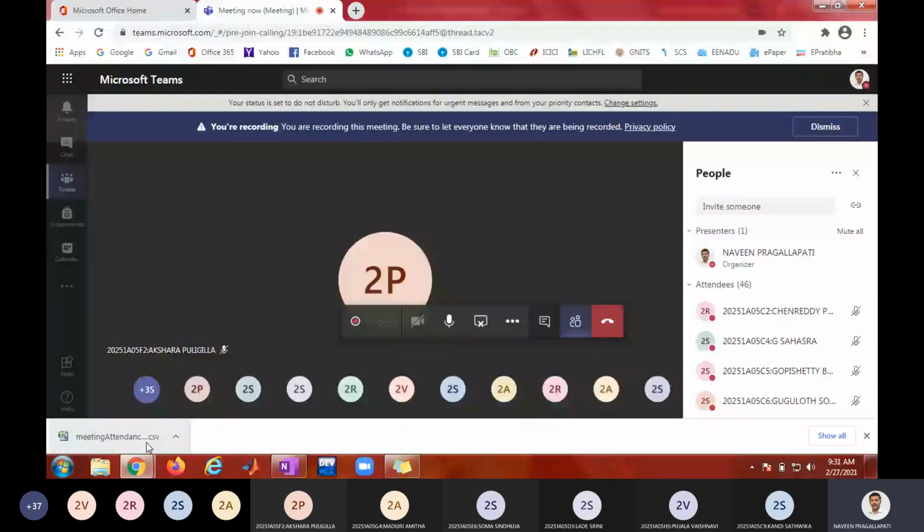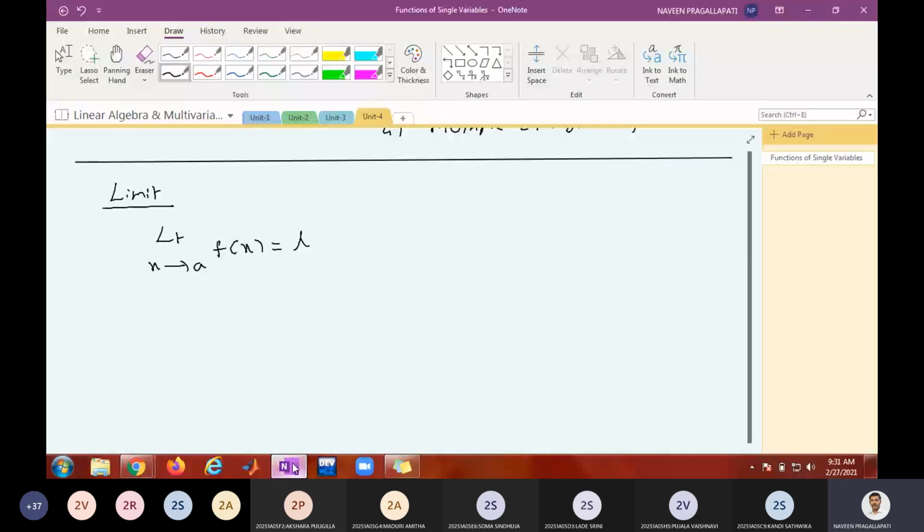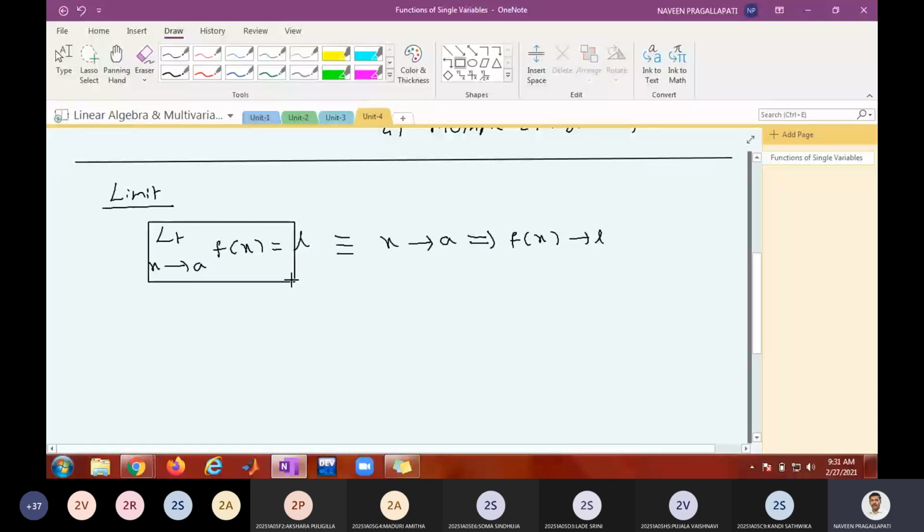As x approaches a, the value of f(x) approaches L. So this is equivalent to saying that whenever x is approaching a, that means f of x is approaching L. Right? So I agree.